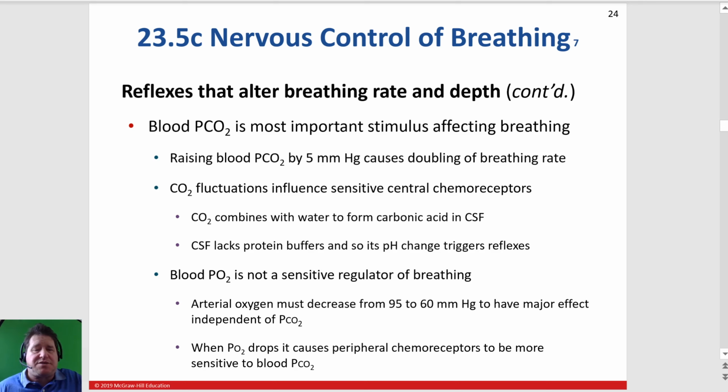Oxygen levels are not really that sensitive. Arterial oxygen has to decrease quite a bit from 95 to 60 to have a major effect. So normally it's 95 millimeters of mercury in the arteries. It has to drop all the way to 60 before it has a major effect on the breathing.